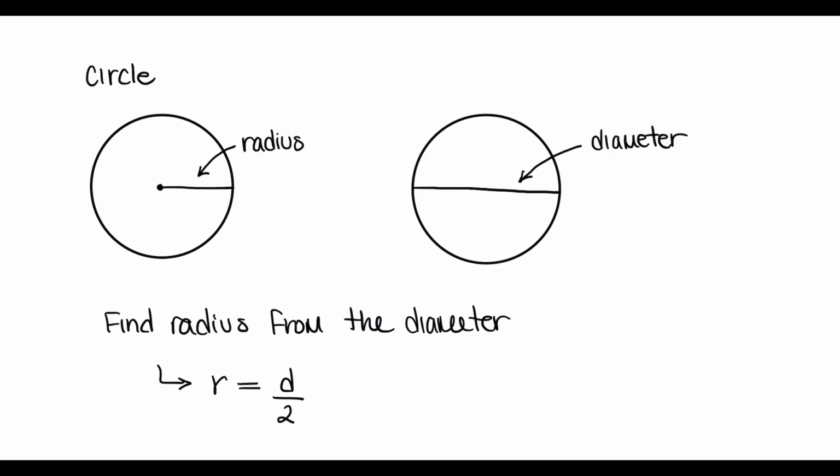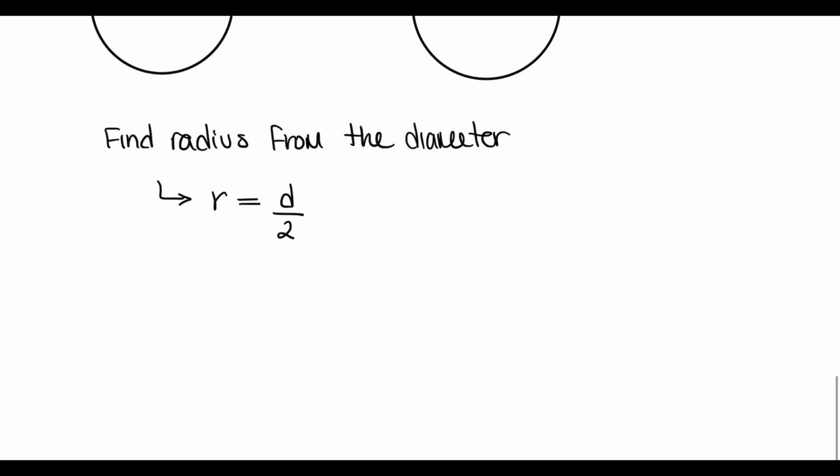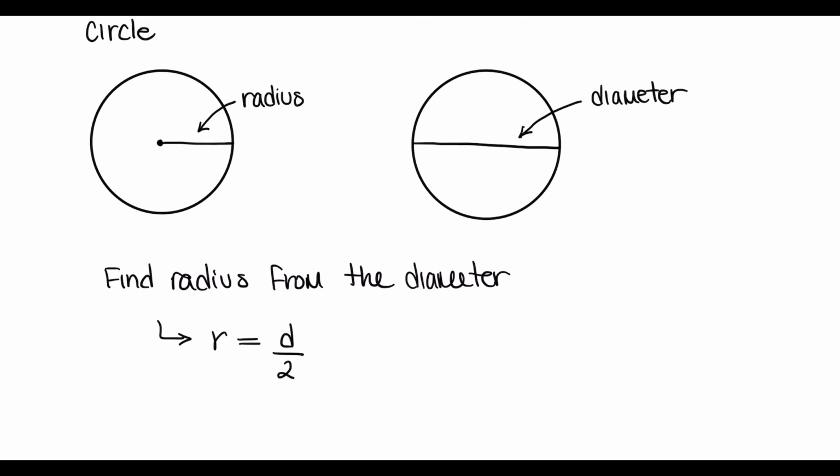Remember, since the radius is from the middle of the circle to the end, it means that it's half of the diameter. The diameter is just the full length of the circle. So now back to how to calculate the quote-unquote perimeter, which for a circle is known as the circumference.